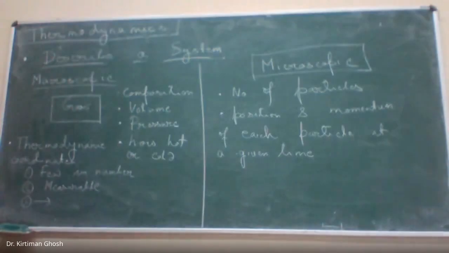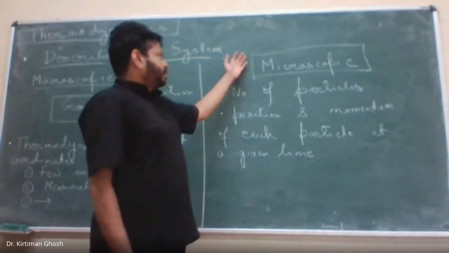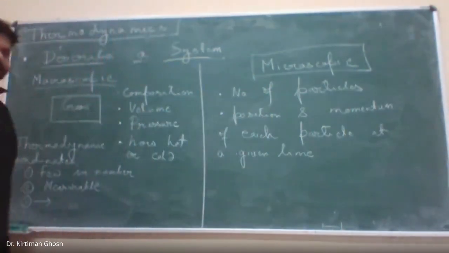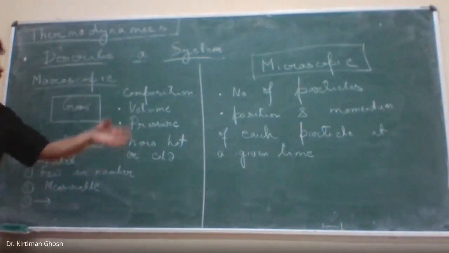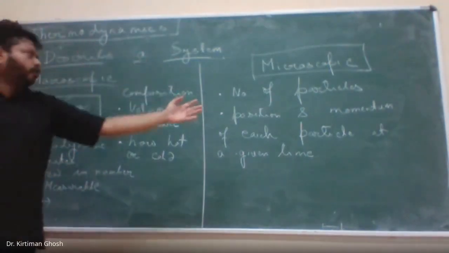But we can get some statistical understanding about the system from these microscopic variables. I think in the next semester you will have a course on statistical mechanics. There you will learn how these microscopic variables give you a macroscopic description of the system, how you can go from here to here.